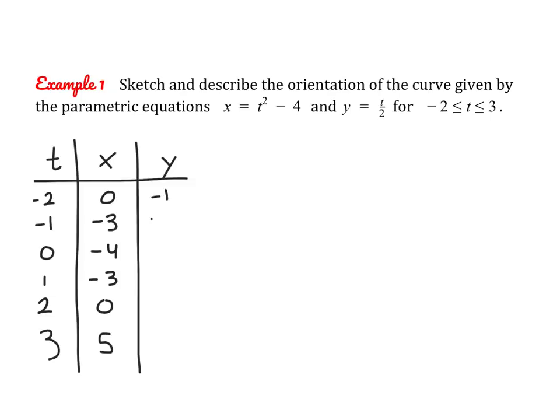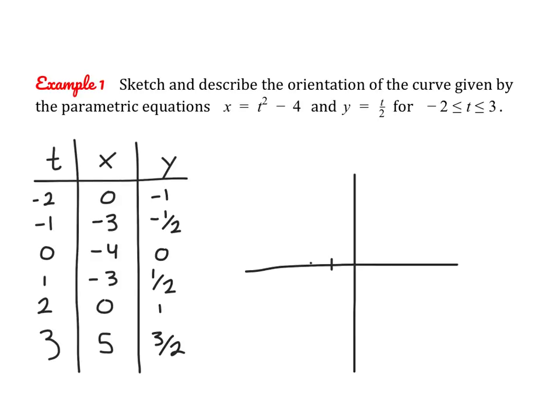Here we have -1, -1/2, 0, 1/2, 1, and 3/2. So we are going to plot these points. Okay, so we have points at (0, -1), (-3, -1/2), (-4, 0), (-3, 1/2), (0, 1), and (5, 3/2). And we connect our dots.